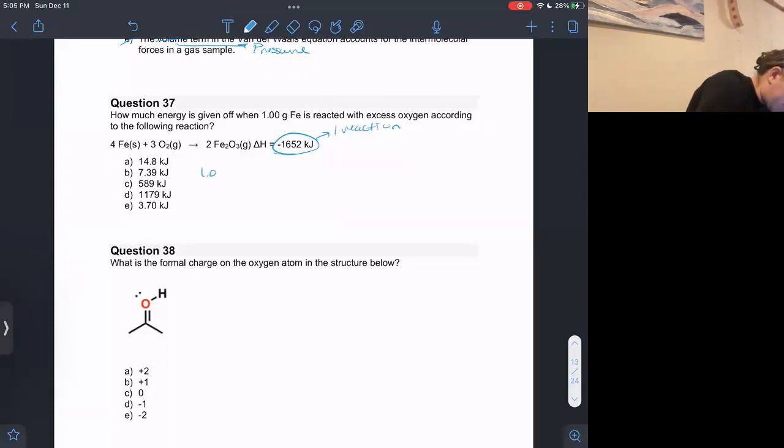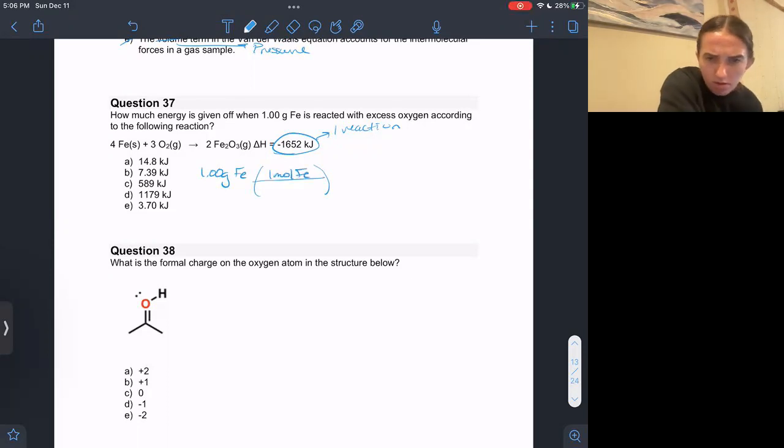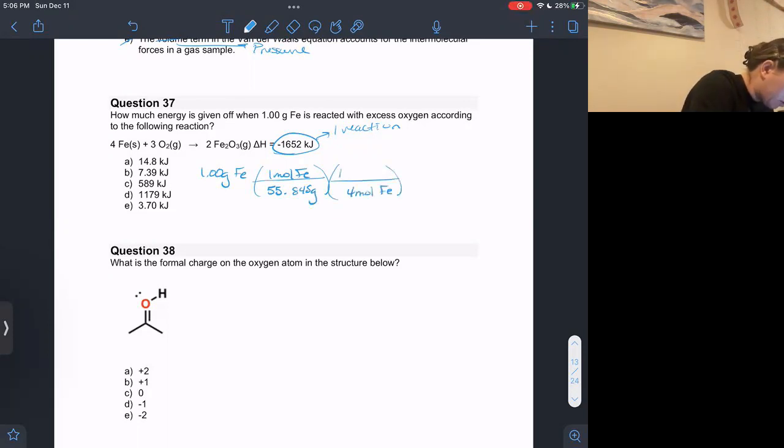So 1 gram of Fe is going to be 1 mole of Fe, which is 55, excuse me, 55.845 grams. And then 4 moles of iron is equal to 1,652 kilojoules.